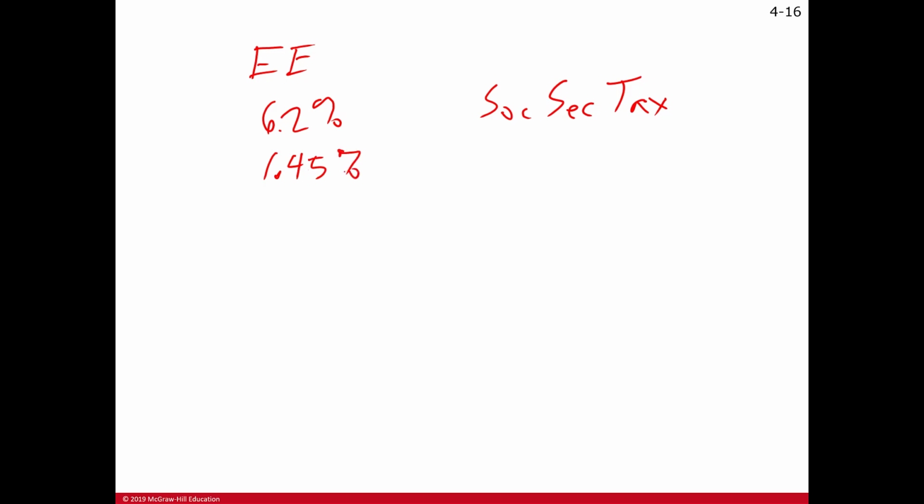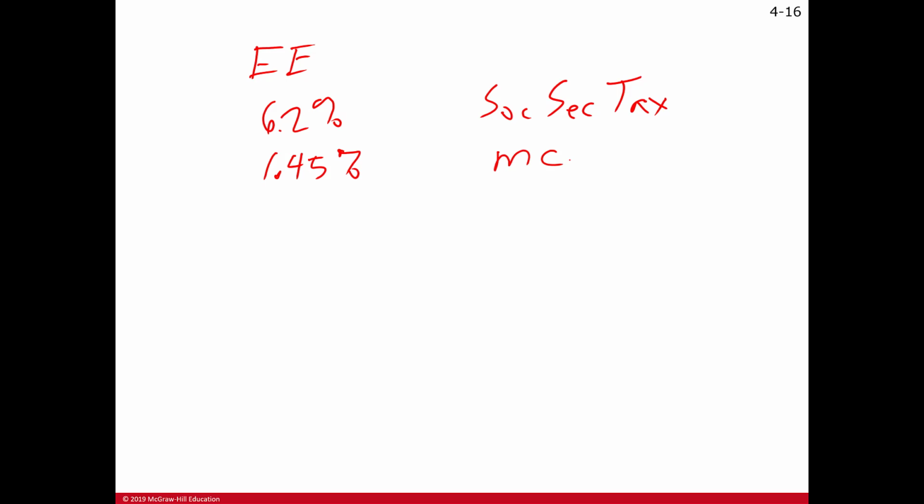Most of us can appreciate the viewpoint of an employee where we have taxes withheld. One of those taxes is a 6.2% Social Security tax. You know, when you get to retire, hopefully you can start collecting that. But they also take out another 1.45% for your Medicare.